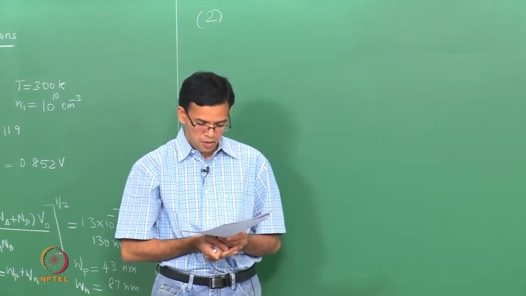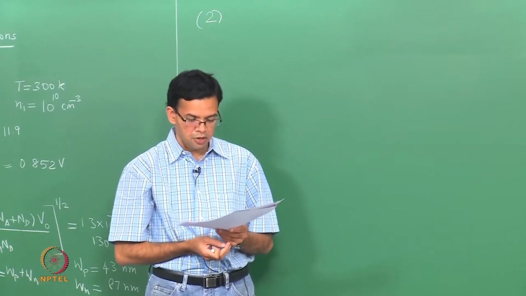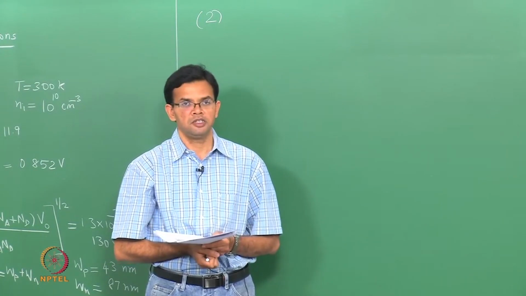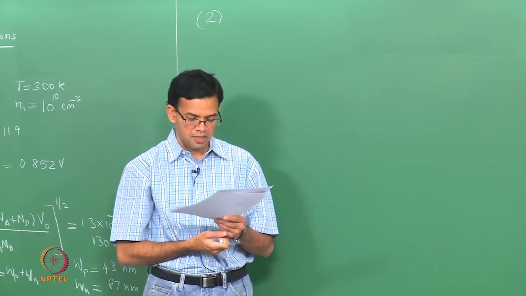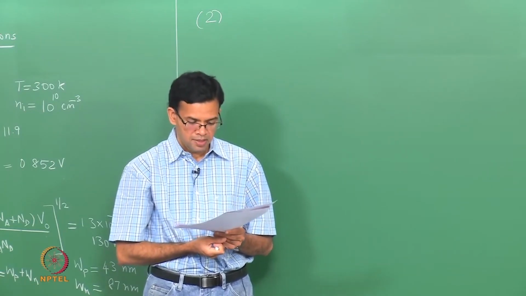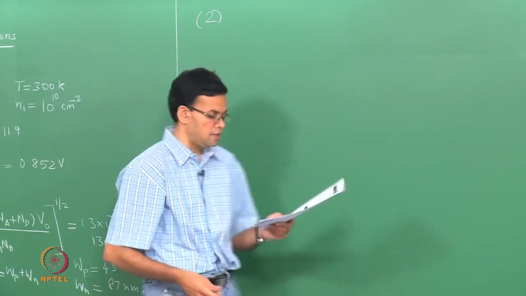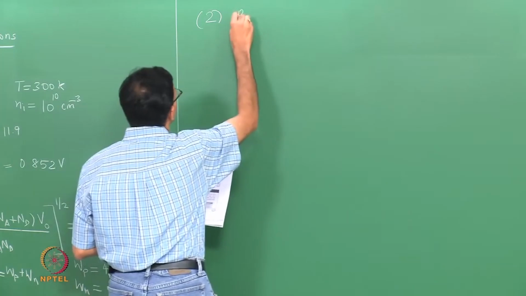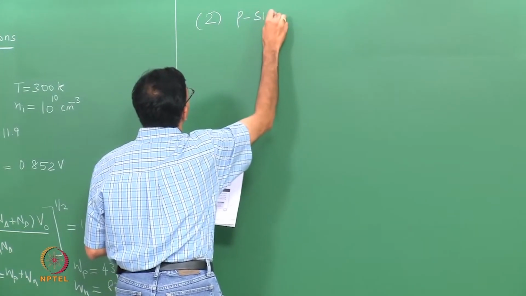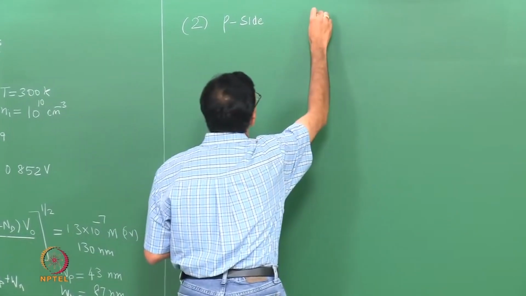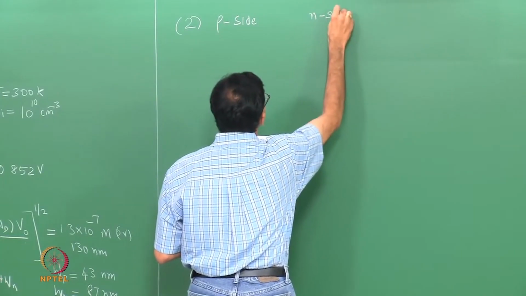Problem 2, we have a PN junction diode with a concentration of 10 to the 16 acceptor atoms on the P side and 10 to the 17 donor atoms on the N side. So, once again you have the P side and the N side.